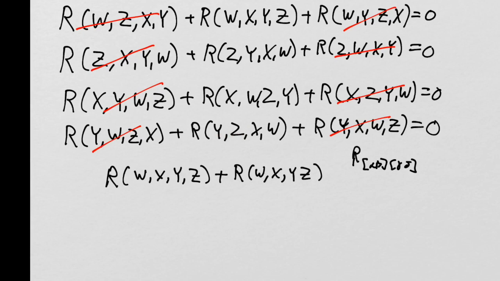Yeah, so if I was to do this, I did the cyclic thing wrong. So clearly this is R Z X Y W. This needs to be R Z Y W X, right? In order for it to be cyclic.